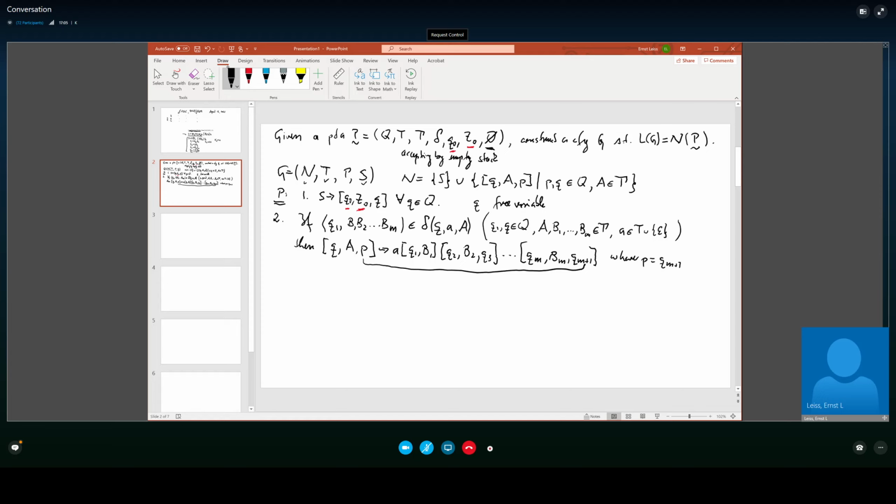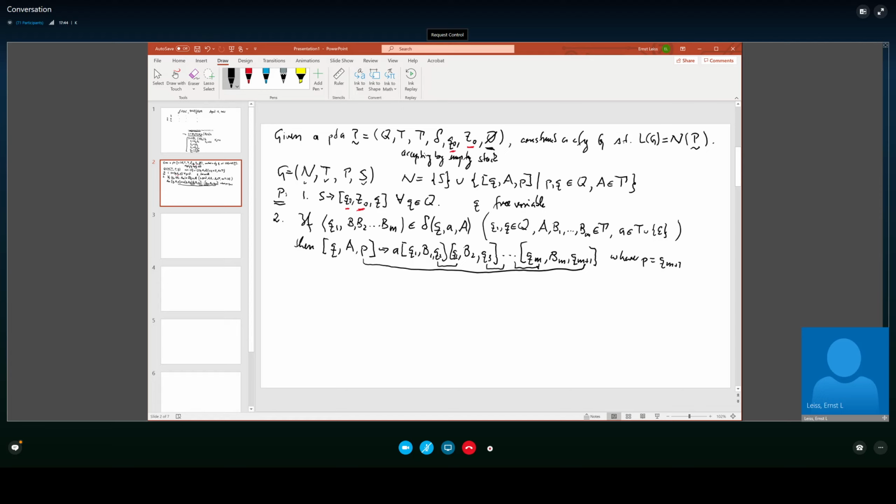I'm sorry, I didn't write that properly. This is [Q, A, P] goes to a [Q1, B1, Q2] [Q2, B2, Q3]. So this is the same. The Q3 follows that, and then you have the Qm. So this is basically a chain. And the P that we have here is equal to that Qm+1.